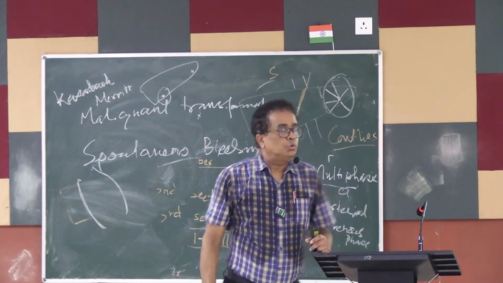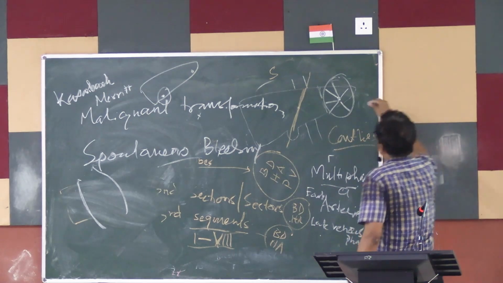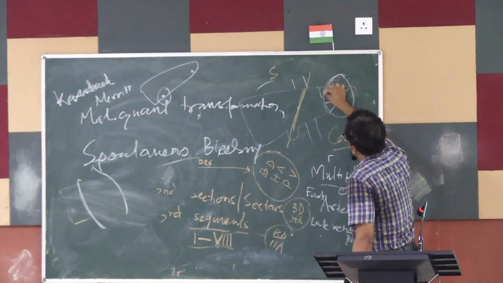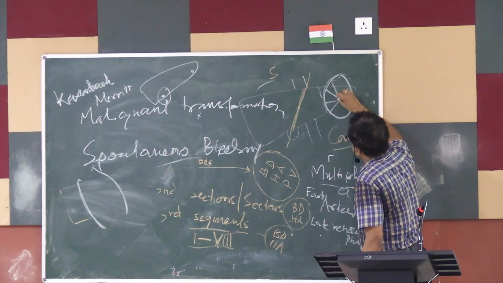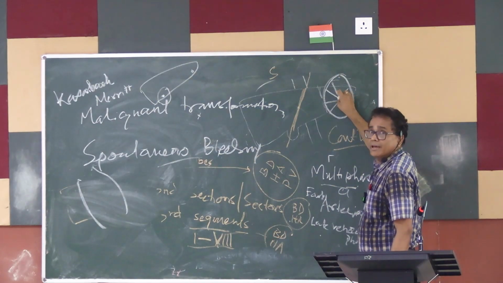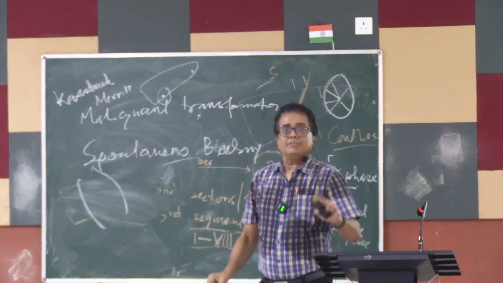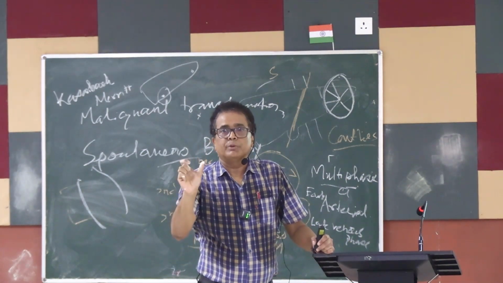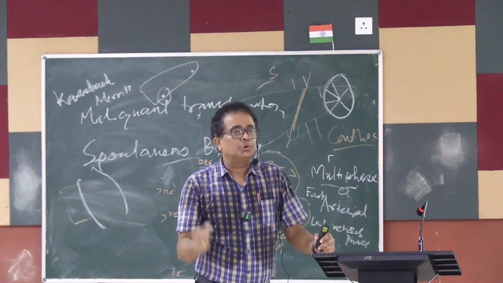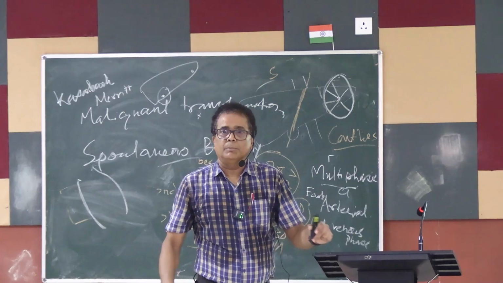And when you do a multiphasic CT, the early enhancement happens at the periphery, and the core that is there also becomes enhanced. Enhanced means when you give contrast on CT, it becomes more prominent, more whitish. So the core enhancement and peripheral enhancement later merge.